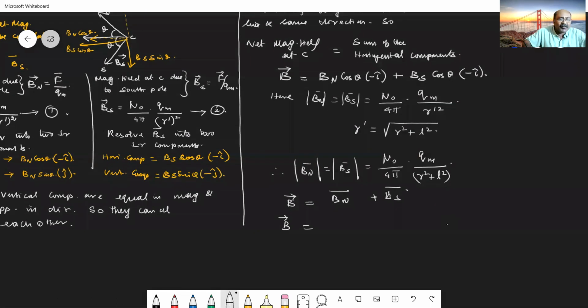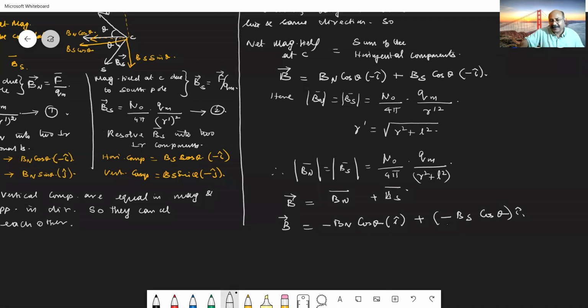The horizontal component is minus of Bn into cos theta i cap. What about the y component? The y component is considered to be cancelling each other, so we leave it. Next, plus the horizontal component of Bs vector, minus of Bs into cos theta into i cap. Am I correct? So the horizontal component of Bn vector and the horizontal component of Bs vector.